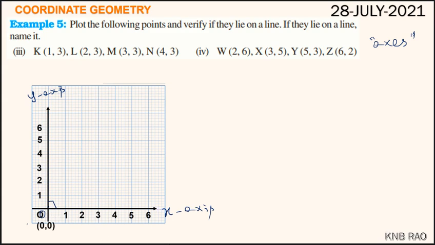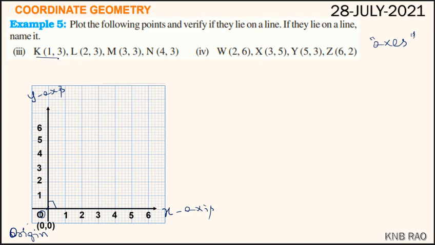The point representing 0 is called the origin and is represented with the letter O, and it is the coordinate point 0, 0. Okay. Now we will go for plotting K(1, 3).